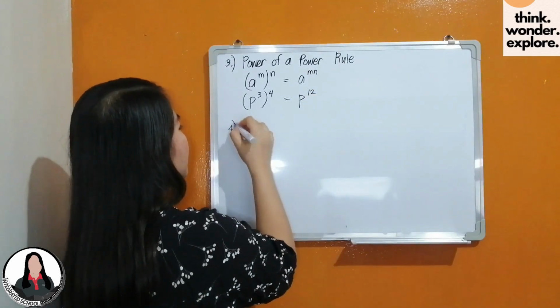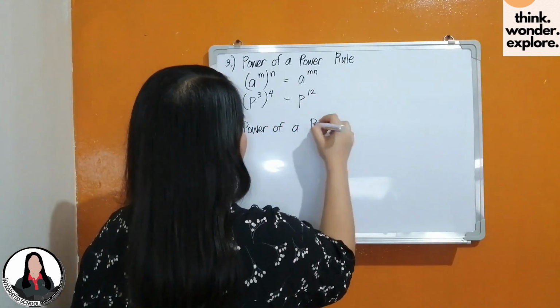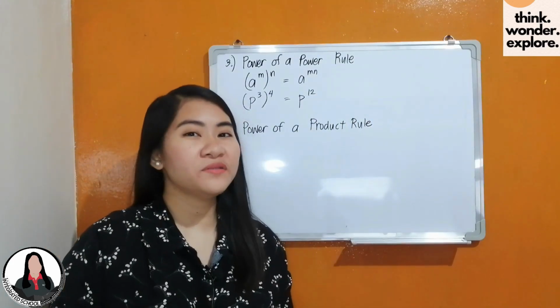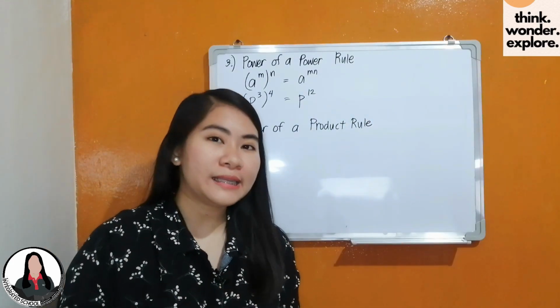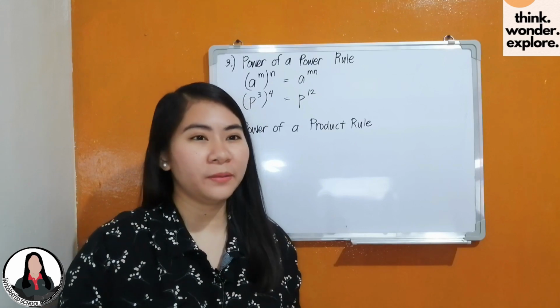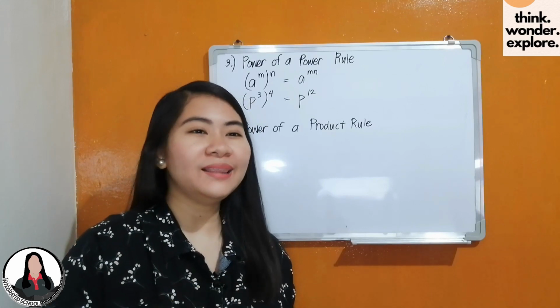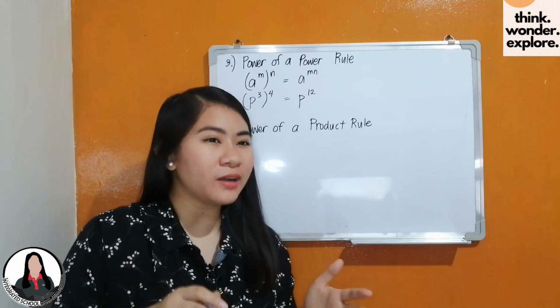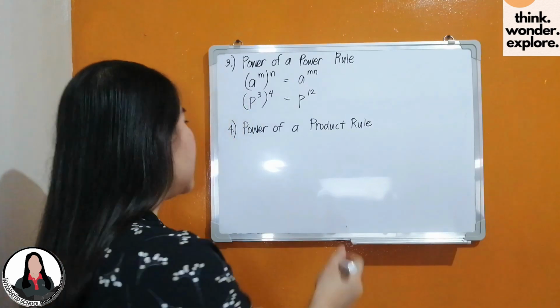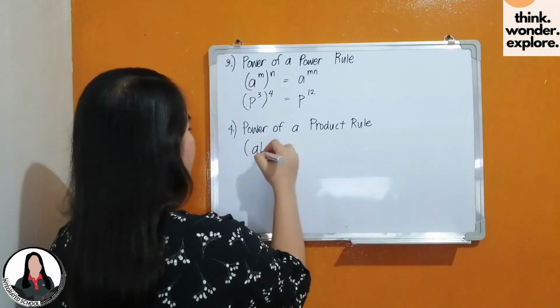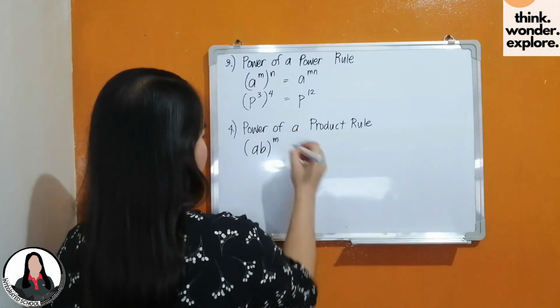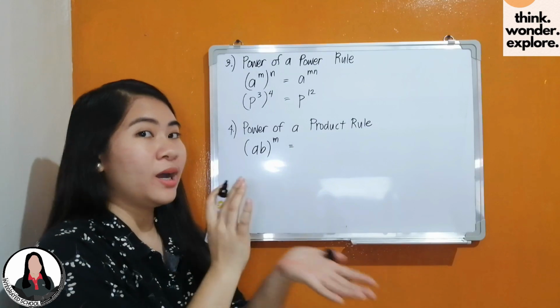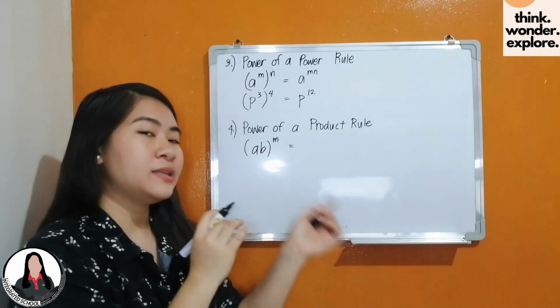Okay, so for the fourth, for power of a product rule, it states that in raising a term to a given power, the exponent indicating the power is multiplied by the exponent of every factor of the term. In symbols, we have a, b, quantity raised to m. Ibig sabihin daw, ang isang term ay na-erase sa isang exponent.